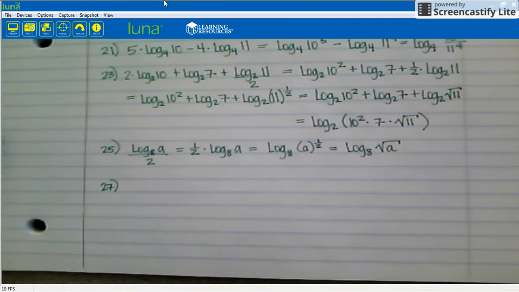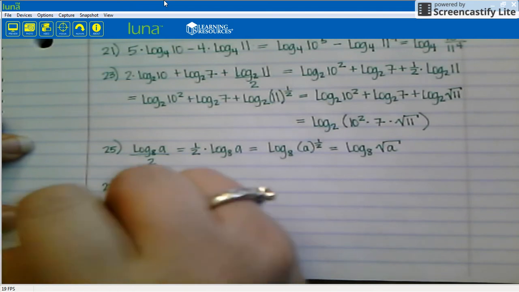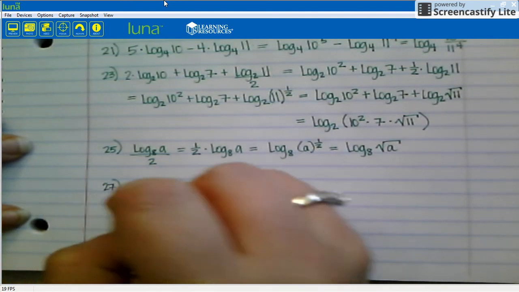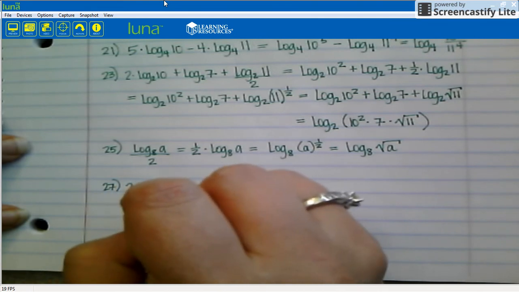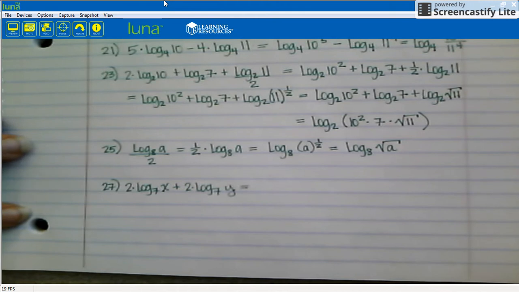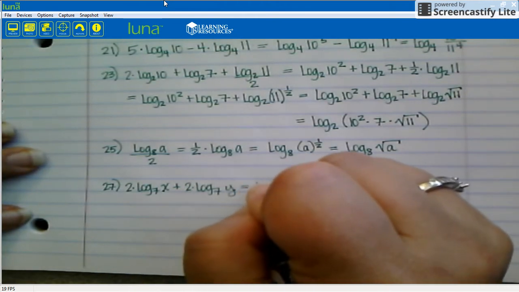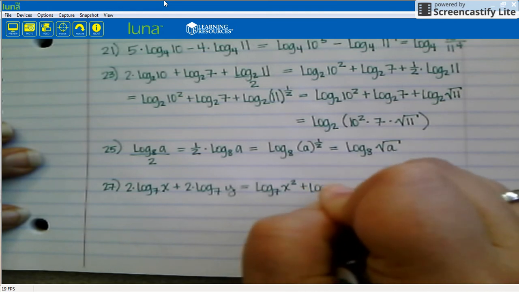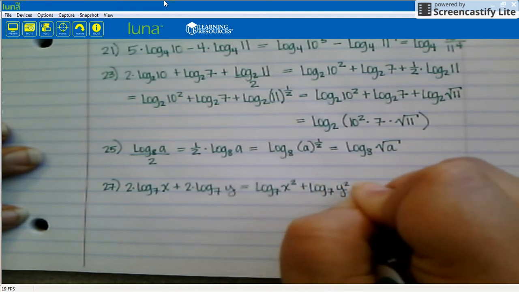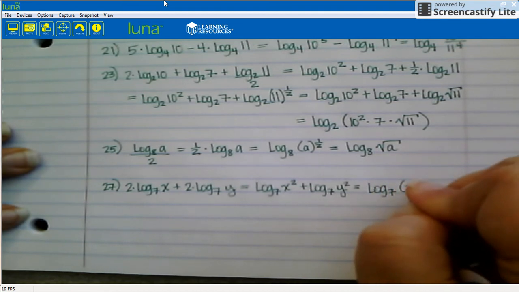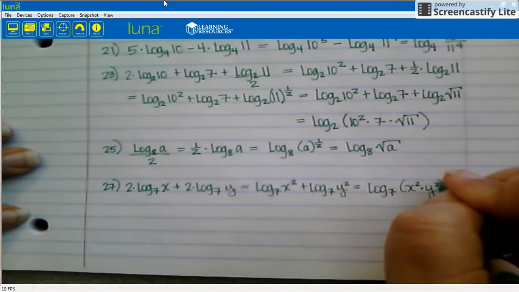For number 27, we have 2 times log base 7 of x plus 2 times log base 7 of y. So using the power property, this becomes log base 7 of x squared plus log base 7 of y squared, and it becomes log base 7 of x squared times y squared.